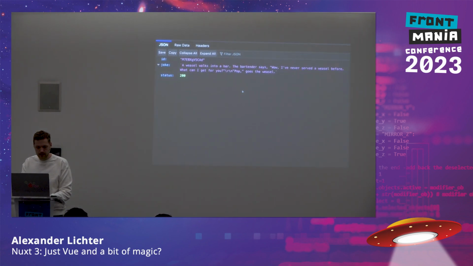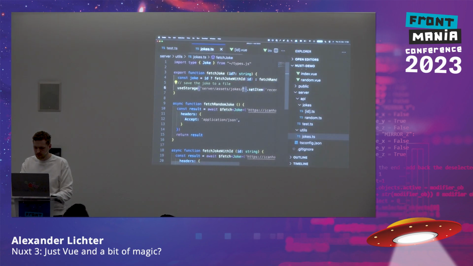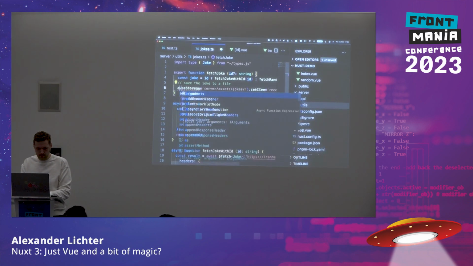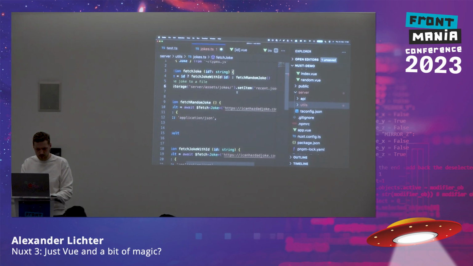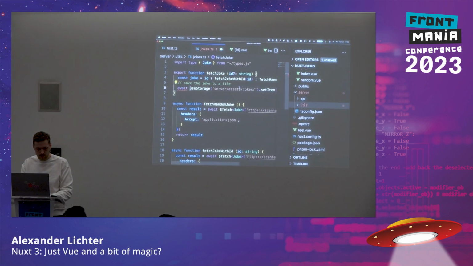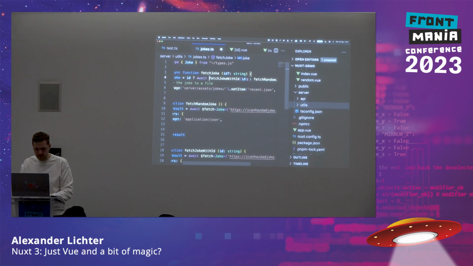Okay, so we do this. Now let's fetch the joke again. Nothing else happens. We might want to await that. I think set items there. Yes, and we need to also make that whole thing async and also probably await this here. Otherwise, nothing will happen.